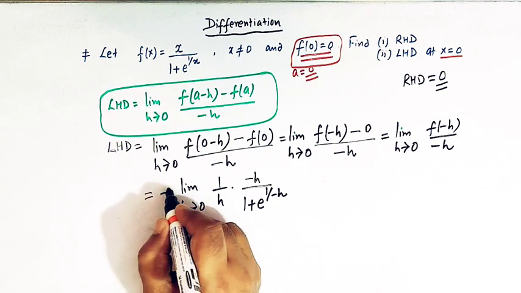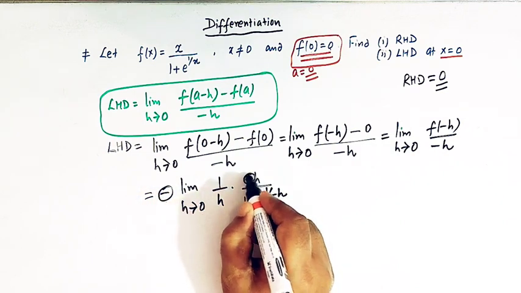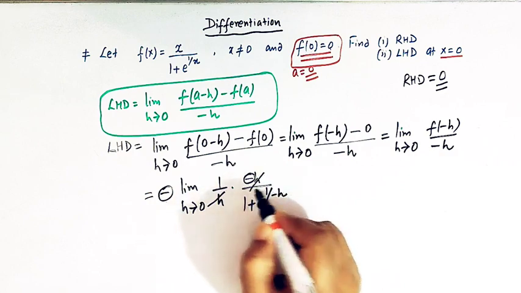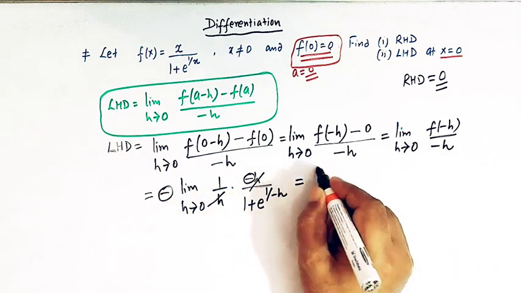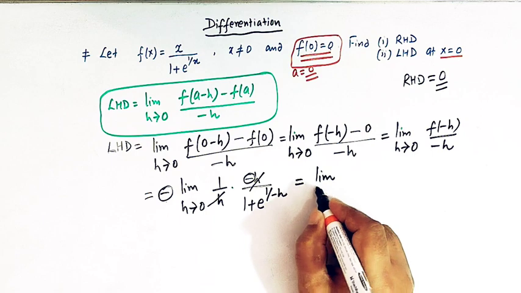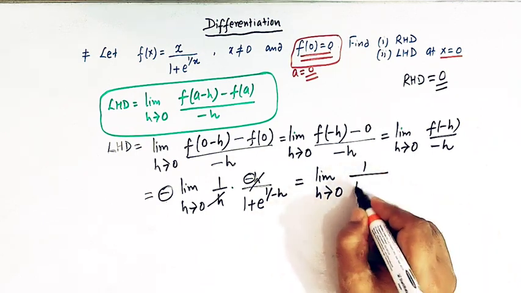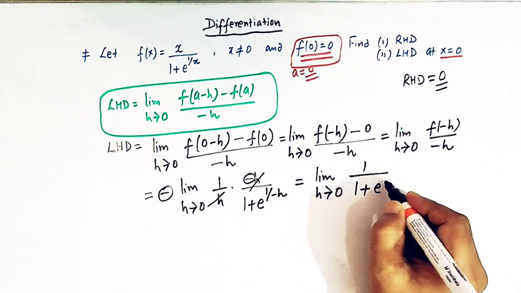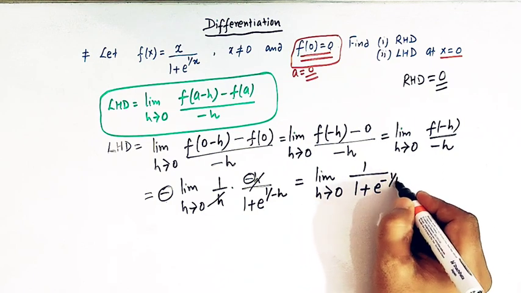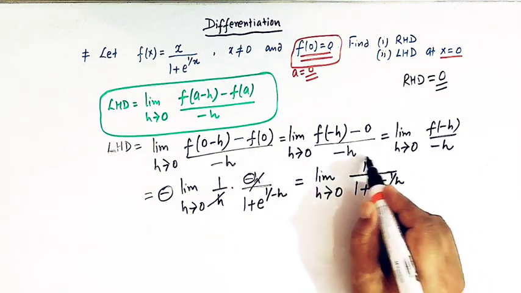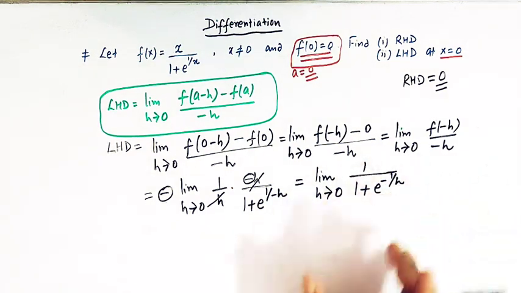Now this negative and this negative, when multiplied together, become positive, and this h gets cancelled. So we are now left with limit h tends to 0, 1 over 1 plus e raised to minus 1 over h, right? So now we have to find this limit.